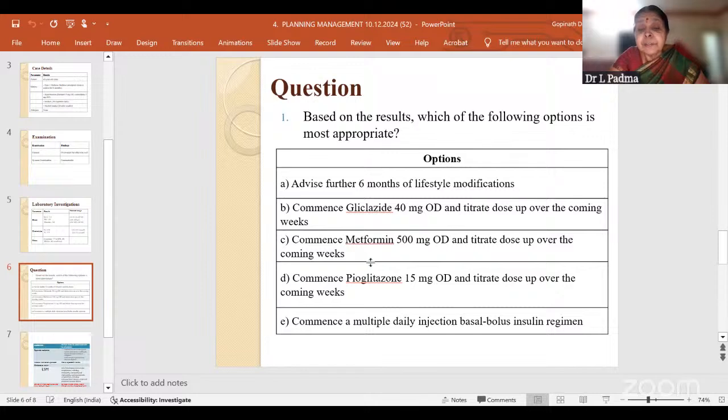Then comes metformin, because this is the first drug of choice according to all guidelines. In all guidelines, the first anti-diabetic drug we administer is metformin once daily, and after 3 to 4 weeks, whenever there are no adverse effects like metallic taste, metabolic acidosis, malabsorption syndrome, or the patient complaining of vitamin B12 deficiency clinically. I'm not asking investigationally.